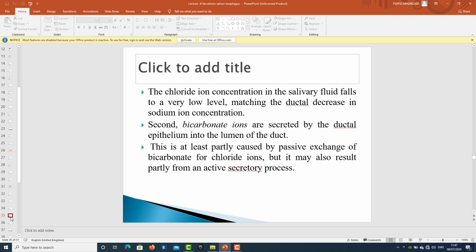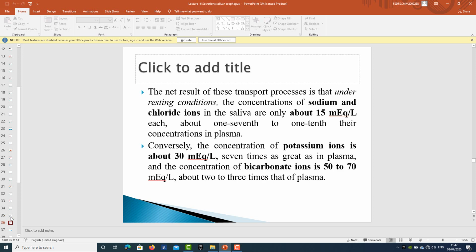Second, bicarbonate ions are being secreted by the ductal epithelium into the lumen of the duct. This is at least partly caused by passive exchange of bicarbonate for chloride ions, but it may also result partly from an active secretory process. The net result of these transport processes is that under resting conditions, the concentrations of sodium and chloride ions in the saliva are only about 15 milliequivalents per liter each, about 1/7 to 1/10 their concentration in plasma.